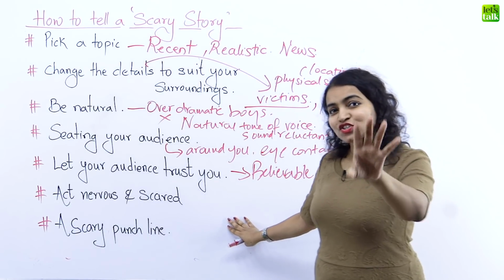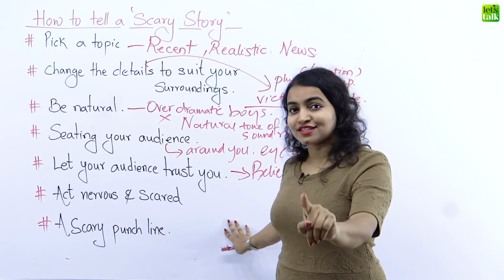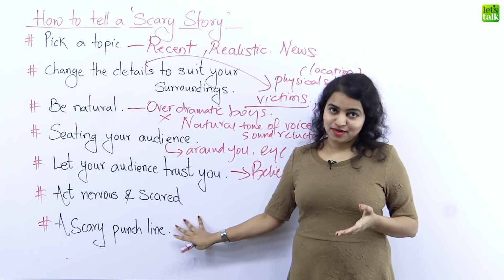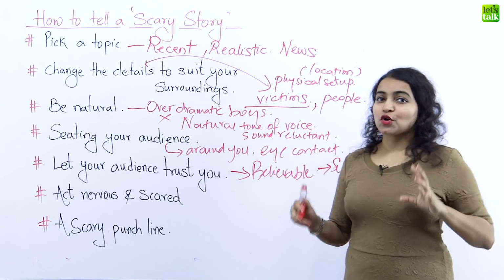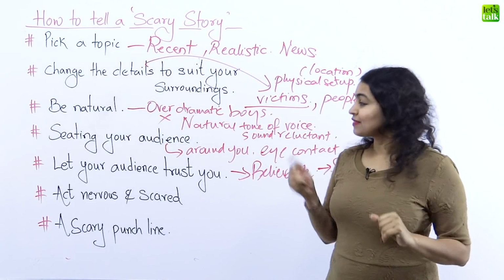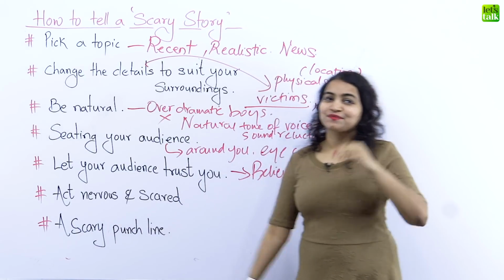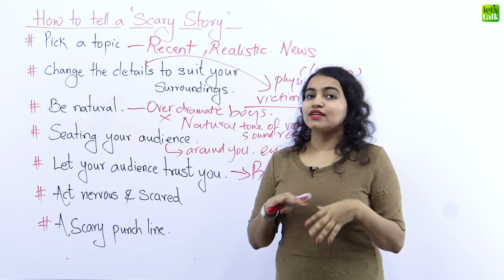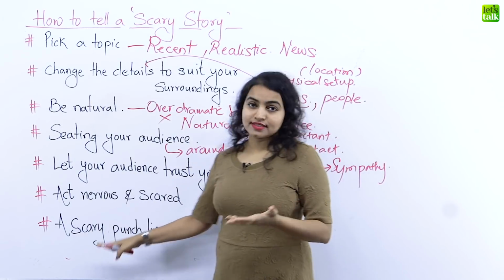And that actually shows that you are as affected by telling the story as the people who are listening to it. Okay, so if you want your story to have a little bit more credibility, just act a little bit nervous or scared.